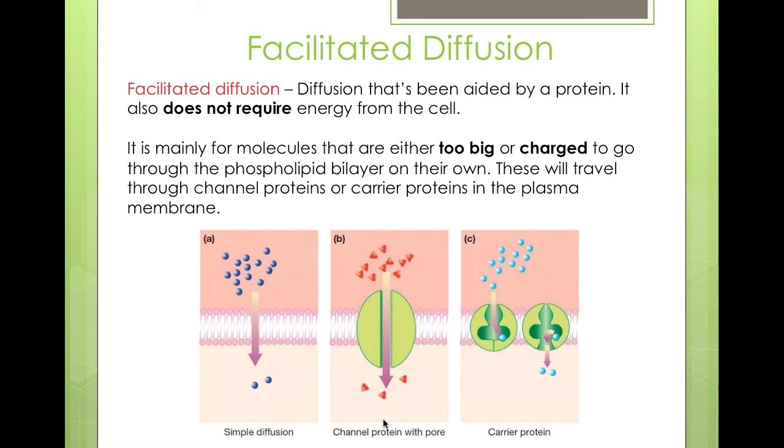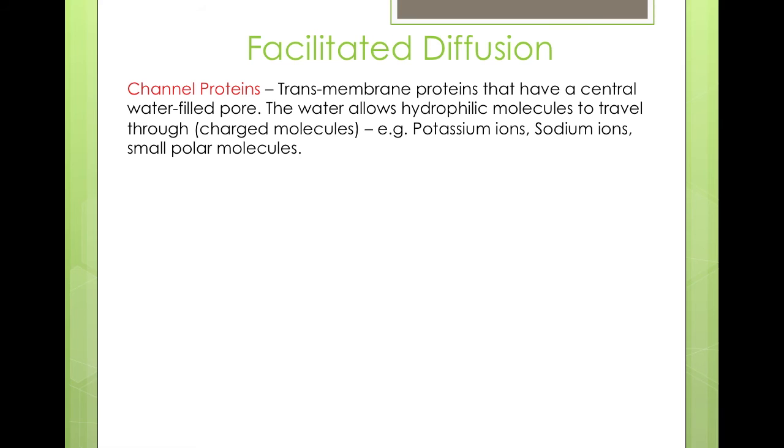Okay, so it doesn't require energy, but it is slower, because if you think about it, the amount of plasma membrane phospholipid bilayer available is so vast that small uncharged molecules can just go straight through by simple diffusion. But then, because of the size of these molecules, there are only so many channel proteins that the molecules can go through. And so diffusion versus facilitated diffusion look a little bit different, right?